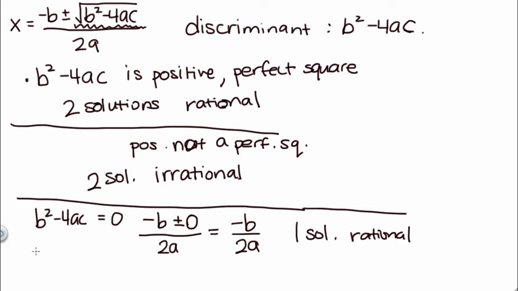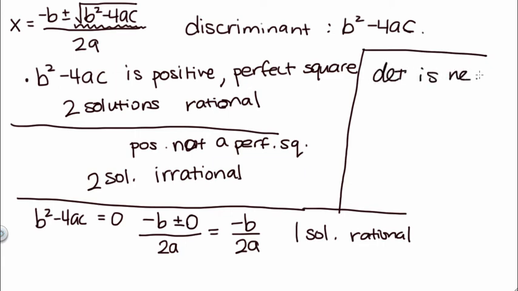And finally, what happens when the discriminant is negative? So let me just go over here. Discriminant is negative. So when the discriminant is negative, it means here that I'll have a square root of a negative number.